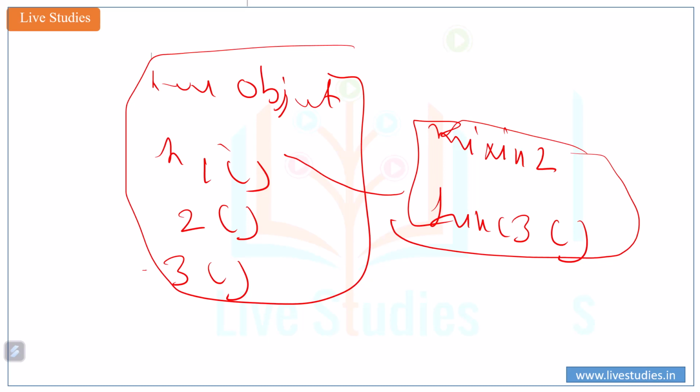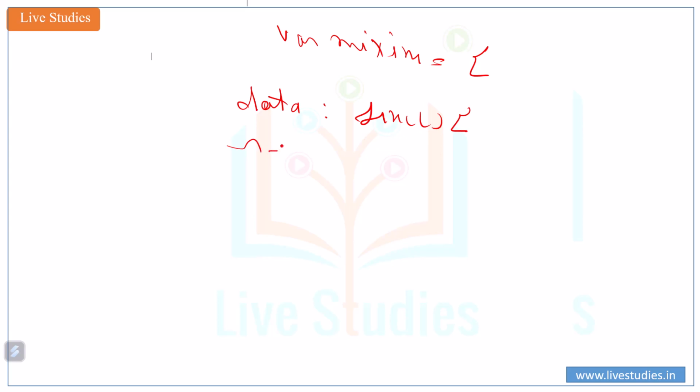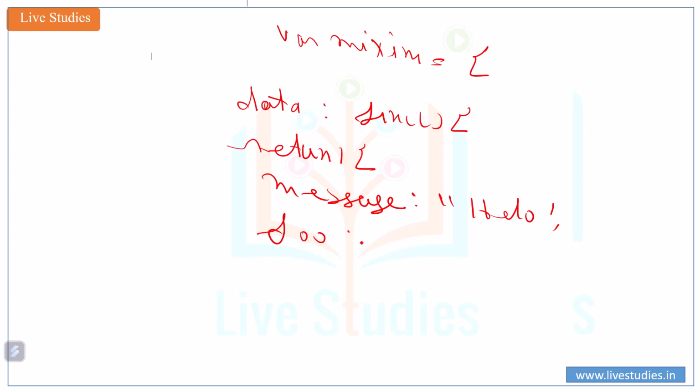Suppose a mixin equals a data function that returns message: hello, and foo: abc.